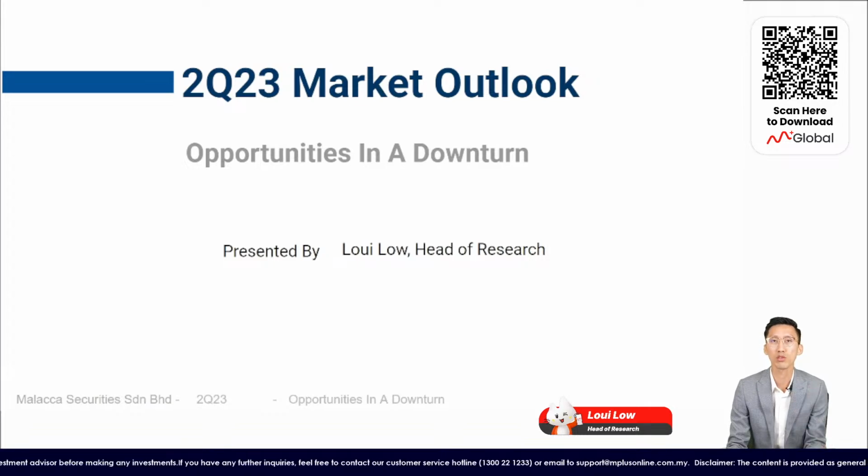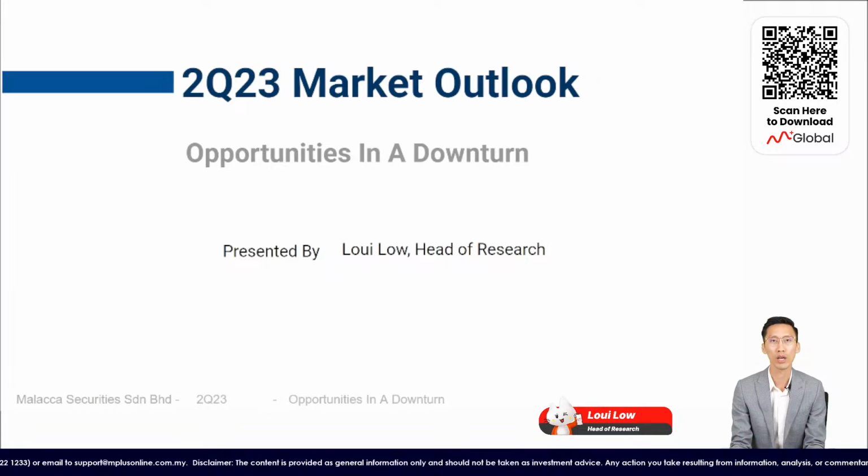And also, don't forget, tonight at 8:30 p.m. we will have the US GDP data, and that may give us some light or some guidance towards the anticipation of the Federal Reserve meeting next week, because that is very important.